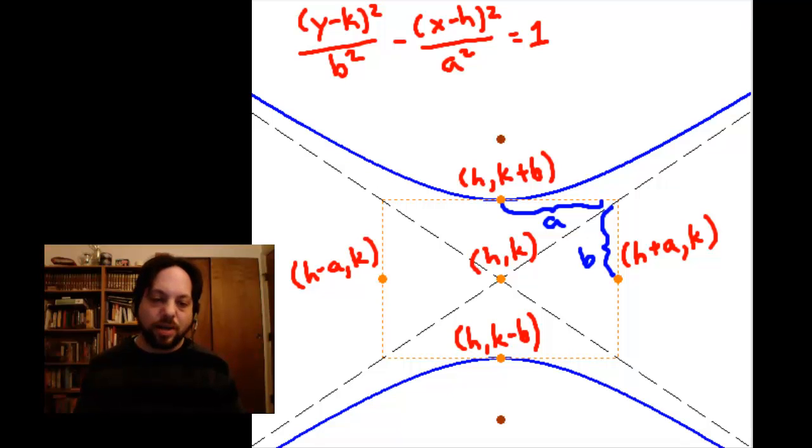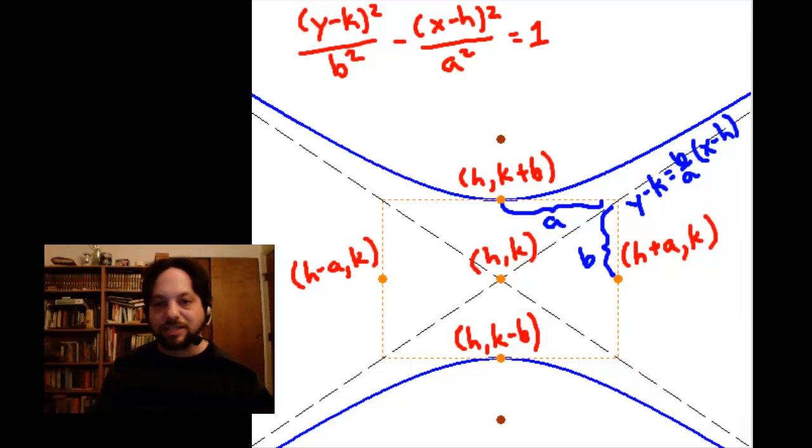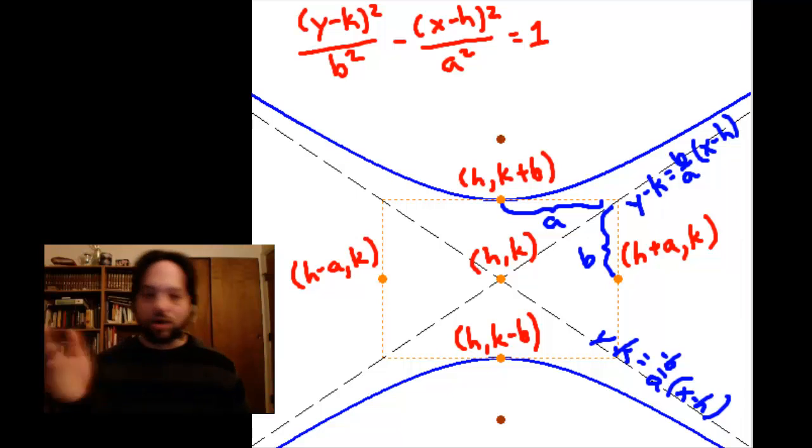And so my asymptotes are still going to be y minus k equals b over a times the quantity x minus h. That's going to be the positive asymptote. And if I want the negative asymptote, that's simply going to be y minus k equals negative b over a times the quantity x minus h. So you can see that is still the same regardless of which way the hyperbola is opening up.